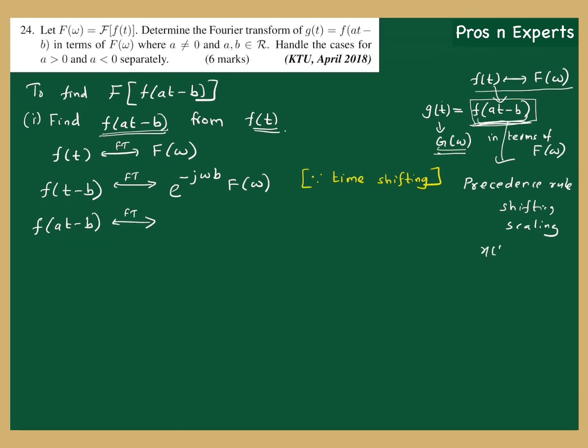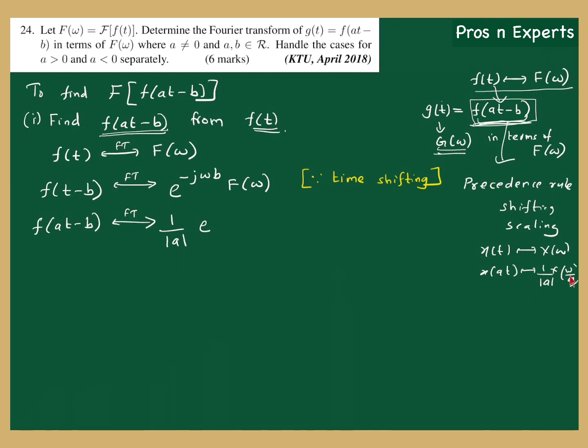If x of t has a transform X of omega, then x of at will have a transform 1 by mod a X of omega by a. Let's make use of this property. So f of at minus b will have a Fourier transform 1 by mod a into the Fourier transform we have obtained in the previous step. So 1 by mod a into e raised to, or is it the Fourier transform as such?